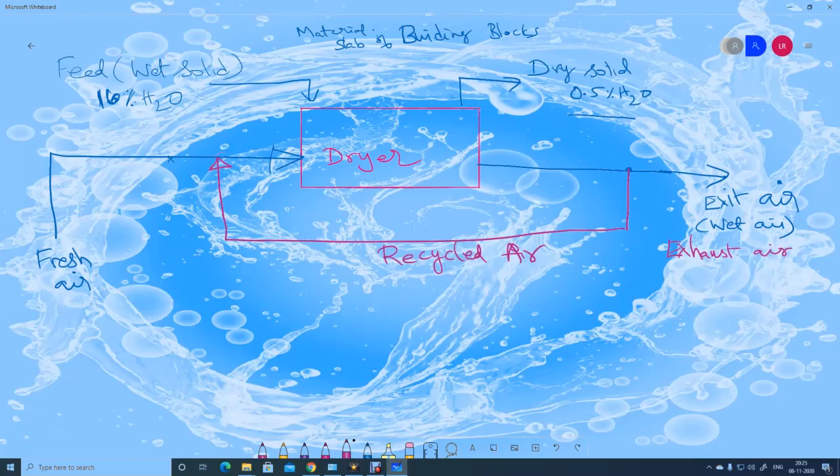Now what is the basis for this problem? The basis given is 1000 kg of dried product. So here you have dry solids.